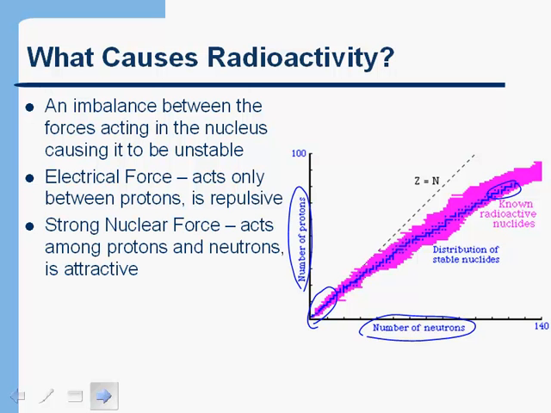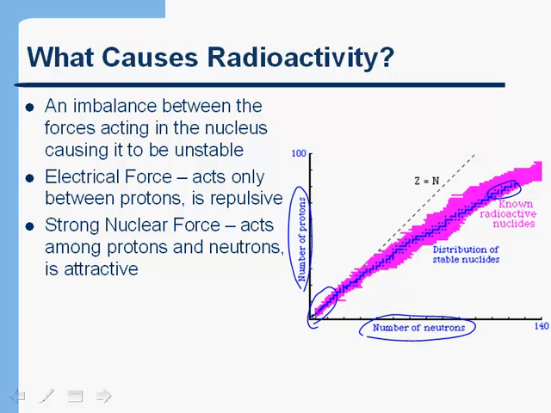Therefore, there must be another force that tries to keep it together, and that's called the strong nuclear force. That acts among protons and neutrons, and it's attractive. As we get bigger and bigger nuclei, as we add more protons and neutrons, we simply need more neutrons to keep that nucleus together.